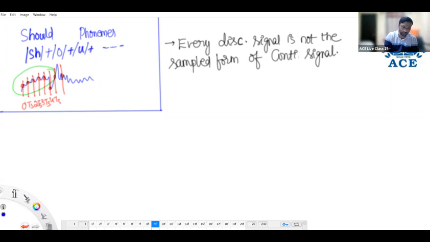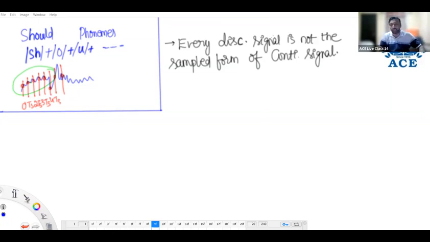Every discrete signal we are taking is not obtained just by sampling the continuous signal. Yes, Rohan Kumar, that is what the TDM and FDM concept actually is. Multiplexing stands for that only.